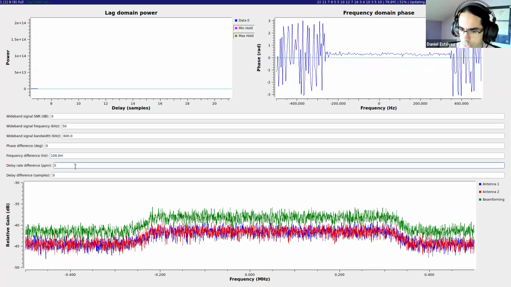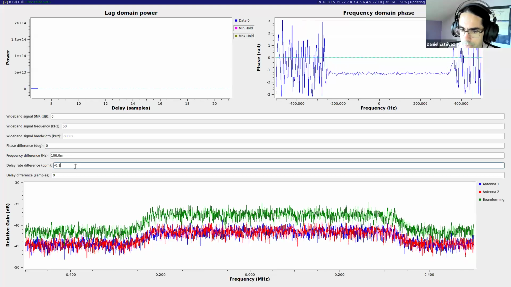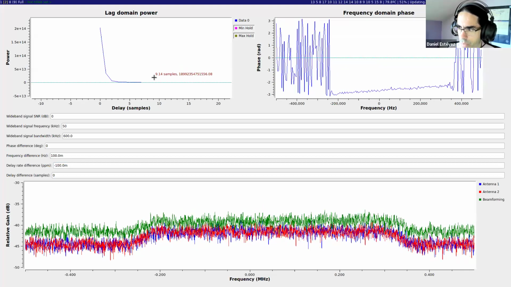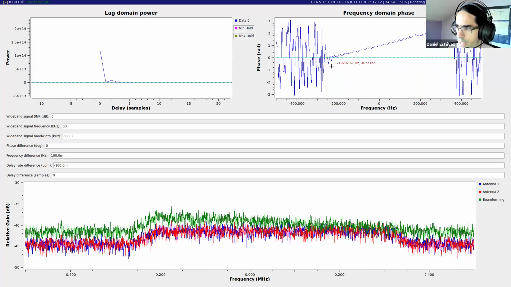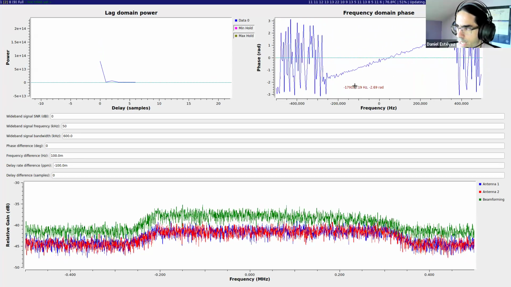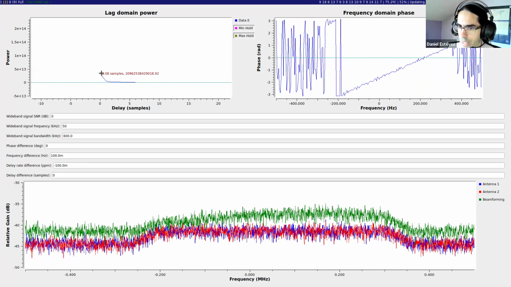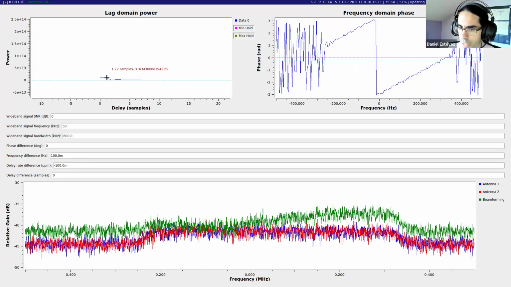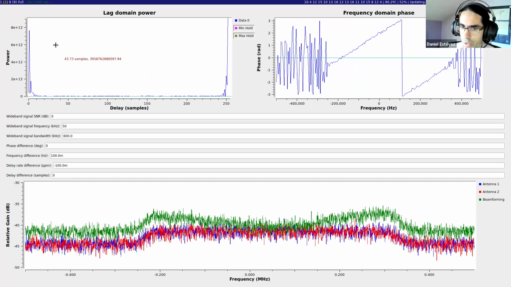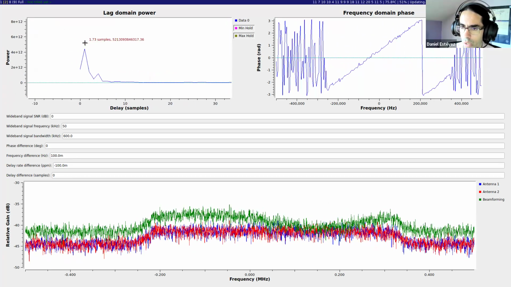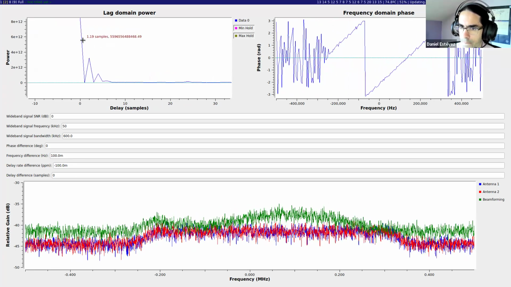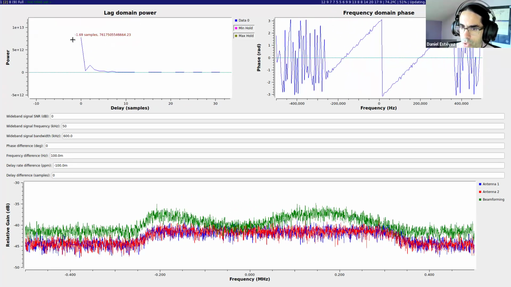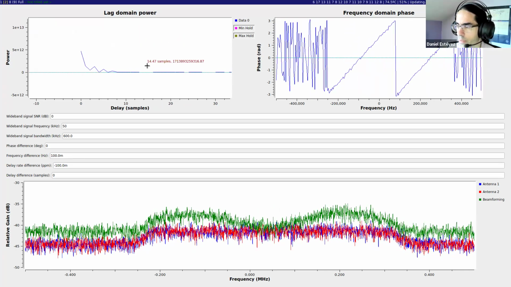And if I also set delay rate difference, so for example, something like this, we will see that over time, the slope of the phase is increasing and increasing. And we can also see here in this correlation peak plot how the correlation peak is moving. And as time goes, it will keep moving and moving.